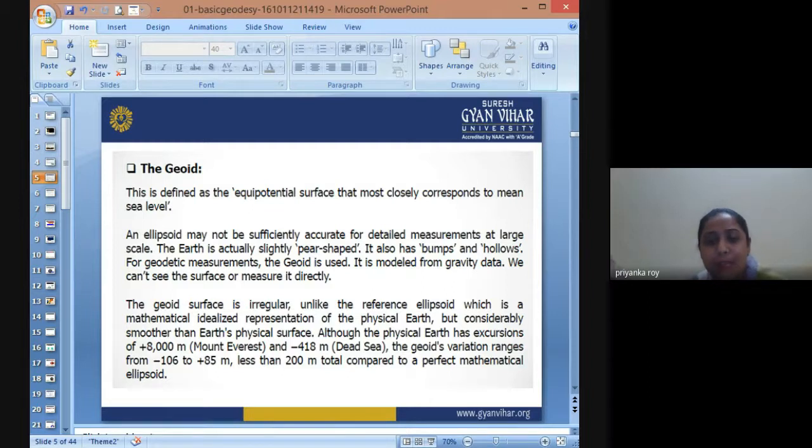So the geoid varies in range from minus 106 to plus 85 meters. So it is less than 200 meters compared to the perfect geometrical elliptoid.